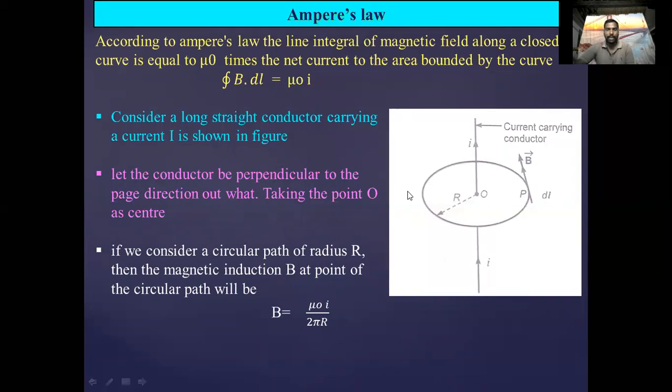Mathematically, the closed integral of B dot dl is equal to mu naught I. We have to prove this equation.